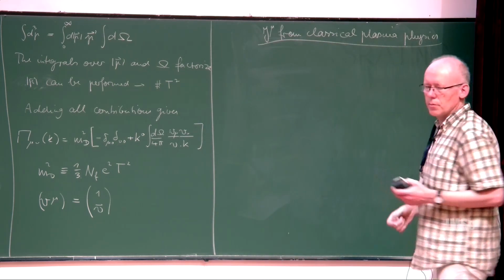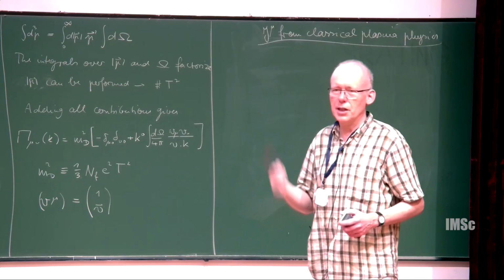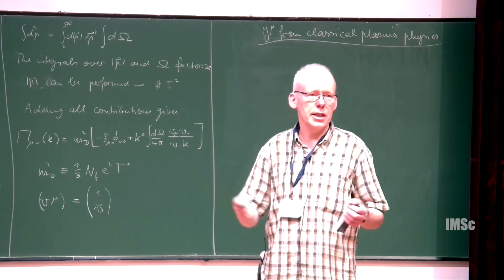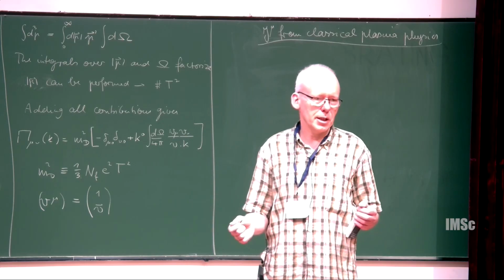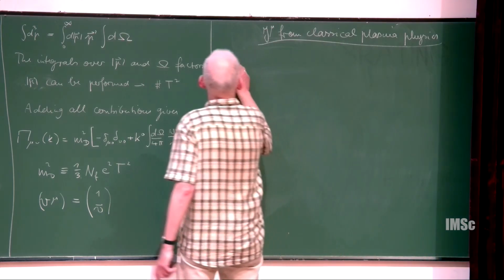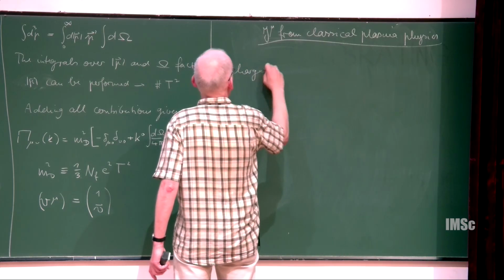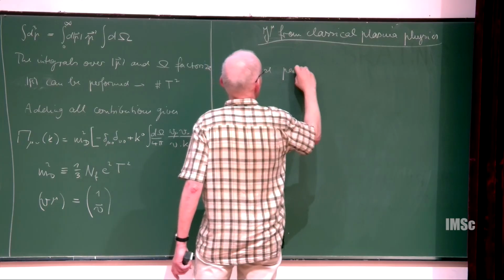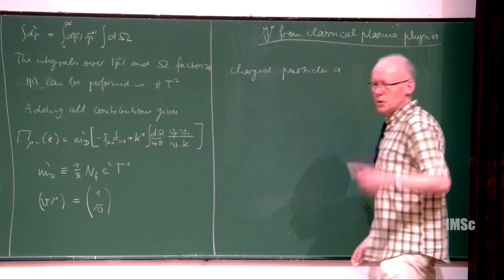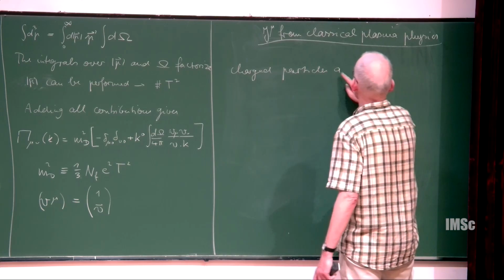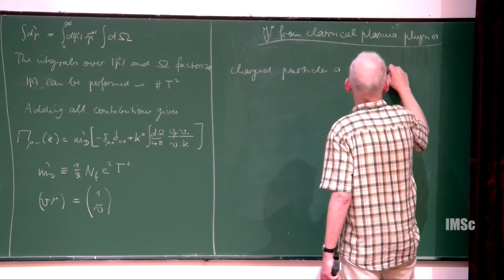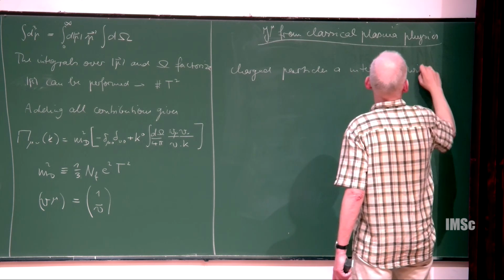Okay, what is plasma physics? Well, in plasma physics, you have particles which are charged, and they are unbound. They fly around freely, and they interact with the electromagnetic field. Yeah? So we have charged particles, and I have an index a, which numbers their species, interacting with the electromagnetic field.